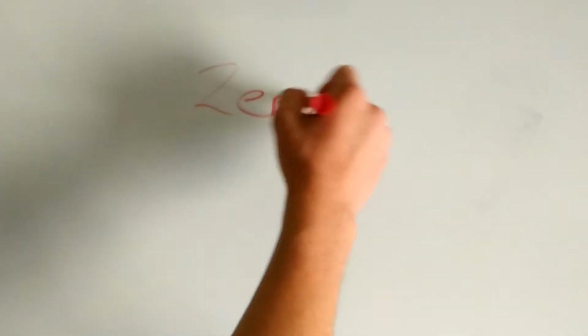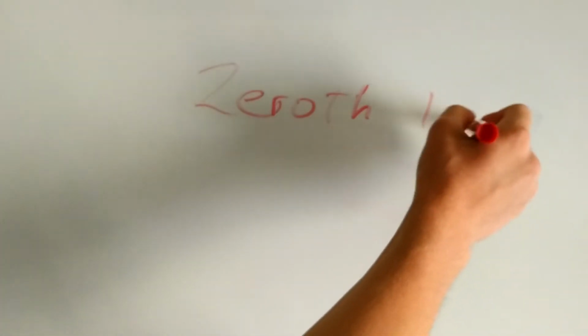What we have performed now is called the Zeroth law of thermodynamics. Okay, so that's the Zeroth law of thermodynamics, and it states something about the equilibrium points of substances and bodies.